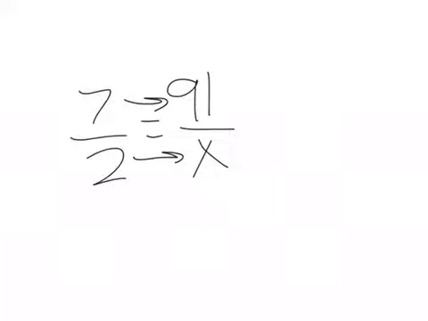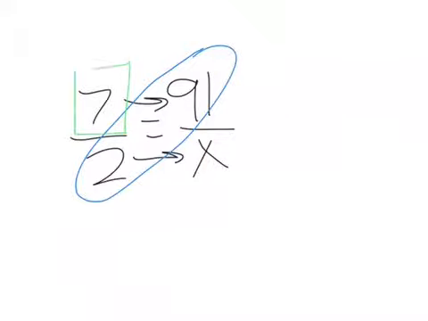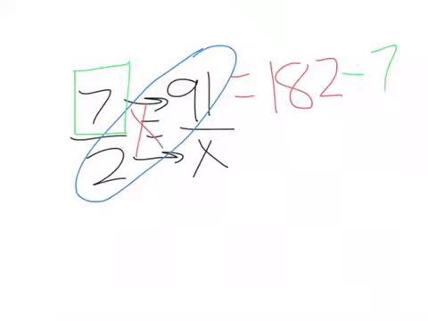My two cross known values are 2 and 91. My third known value is 7. So I'm going to cross multiply my two known values that are across from each other or diagonal. Like I said, that equals 182. And then I still want to divide by my other known value to get 26. I get the exact same answer, x equals 26, because I set up a proportion.